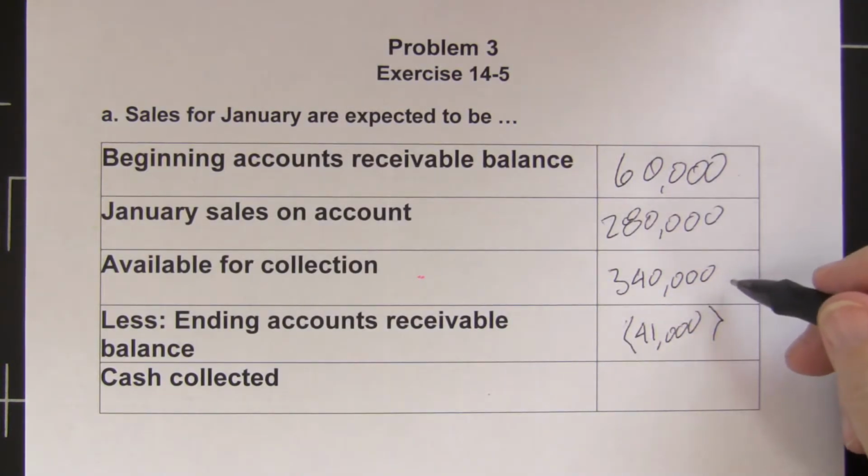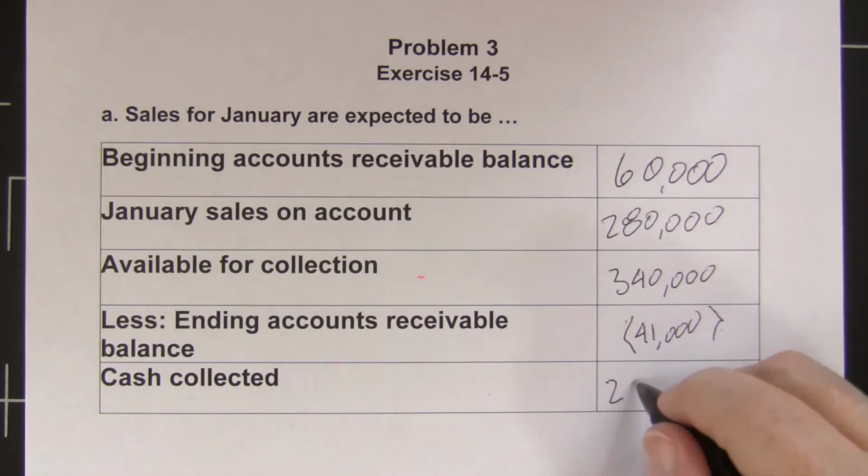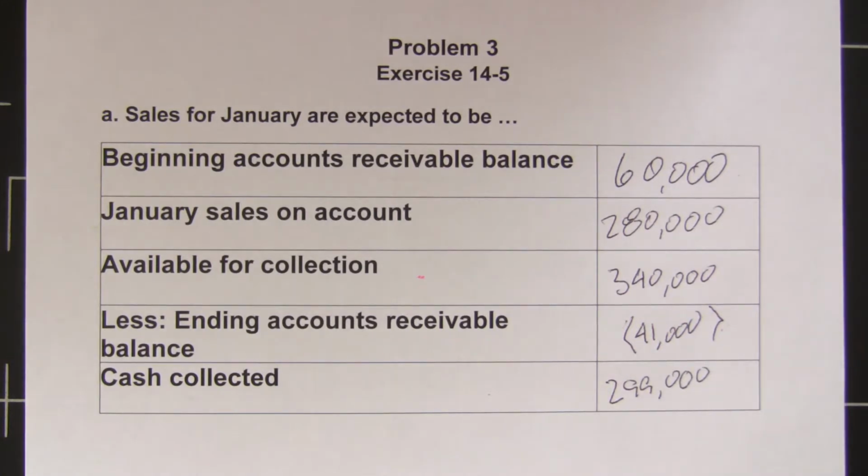So if we could have collected $340,000 and we collected all but $41,000, the cash that we hoped to have collected is $299,000.